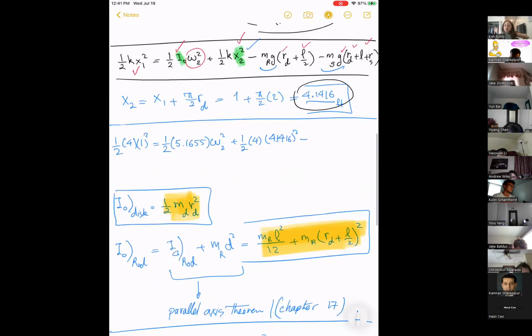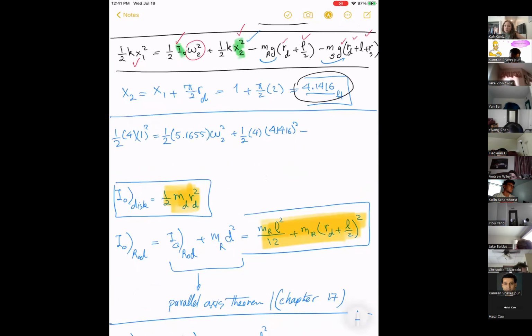So for the rod, it's going to be 2 times 2.5, and for the sphere, it's going to be 10 times 3.5.